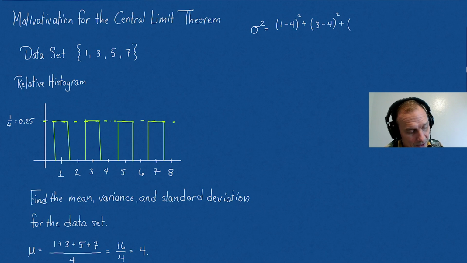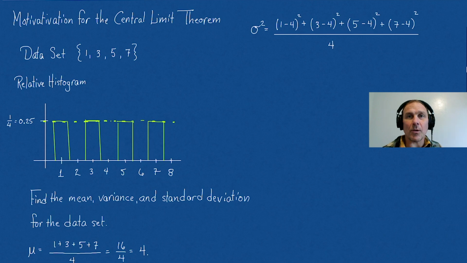We take the next data value, 5, minus the mean, and we square it, plus. Our last data value is 7. We subtract the mean of 4 and we square it. And then we're going to divide this by 4, the number of data values.